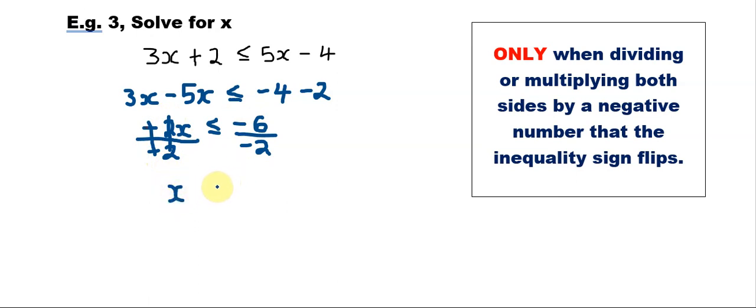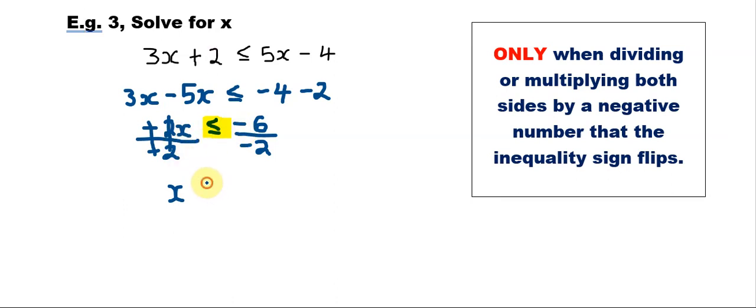And now, based on our rule, over here it says, only when dividing or multiplying both sides by a negative number that the inequality sign flips. So this is what we were talking about earlier. That's the one exception when doing inequations. So the sense of this sign will be changed, right?